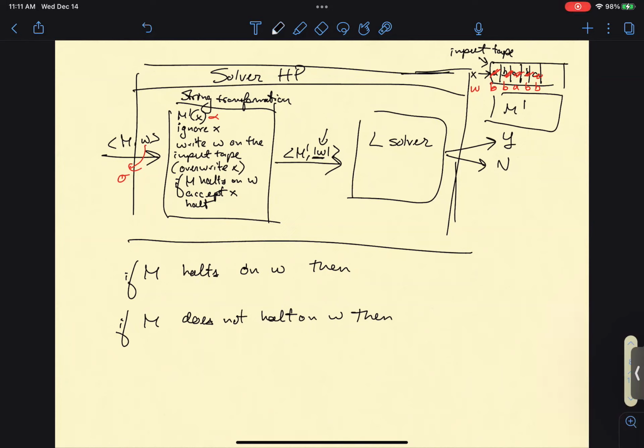Yeah, so if M halts on W, then the answer is yes. Now how about if it does not halt? Why is the answer no?